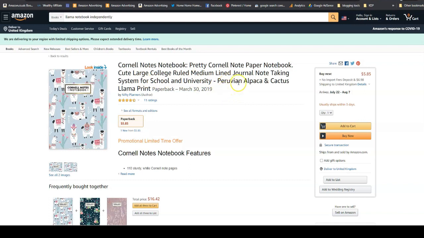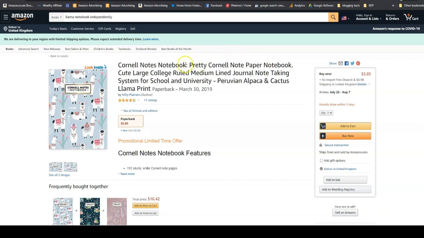The other thing, Peruvian, alpaca and cactus, it doesn't matter where it comes from, whether it's a Peruvian alpaca. Nobody is going to type that in there. But definitely have alpaca and cactus llama in your keywords here, because, as I said, people will look for a llama notebook.